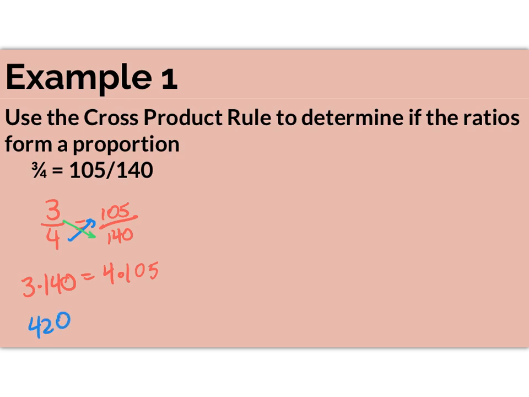Add the 0, and then 4 times 105. 4 times 5 is 20. 4 times 1 is 4, so that's also 420. So you get the same number on both sides. So these are proportional. So that's a big fat yes.